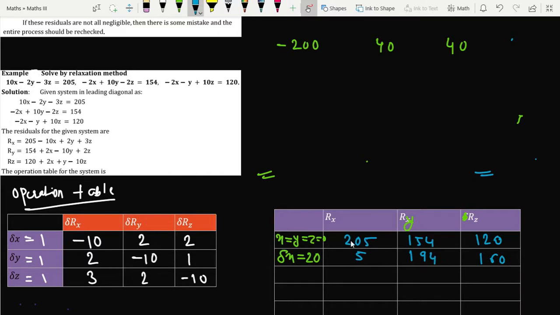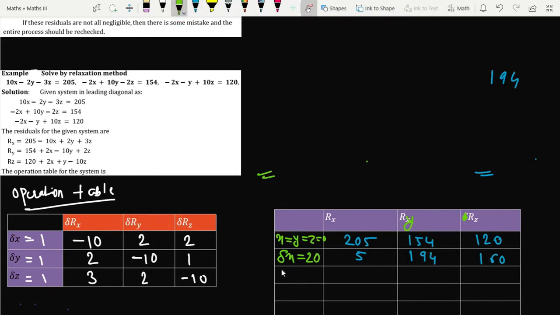Now just repeat the same things we discussed in step 1. So there are three numbers, 5, 194 and 160. So focus on the numbers and tell me which is the highest number among all three. So 194 is the highest term. The highest term is 194. So 194 is with respect to Ry.